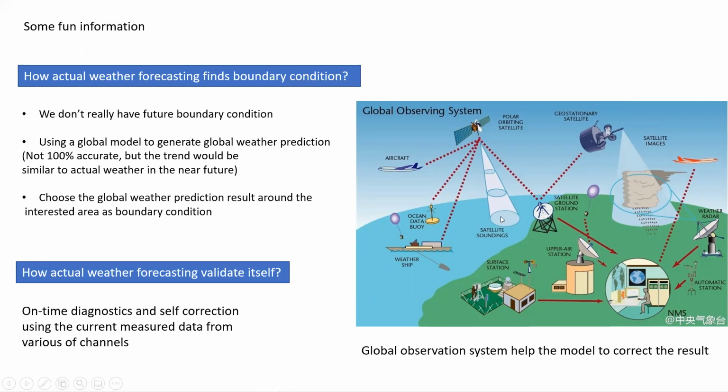And we create the prediction at a 6-hour frequency or 12-hour frequency. That's why sometimes you can see it is raining outside, but your phone is still showing it's clear, because the forecast hasn't reached the time to correct itself.